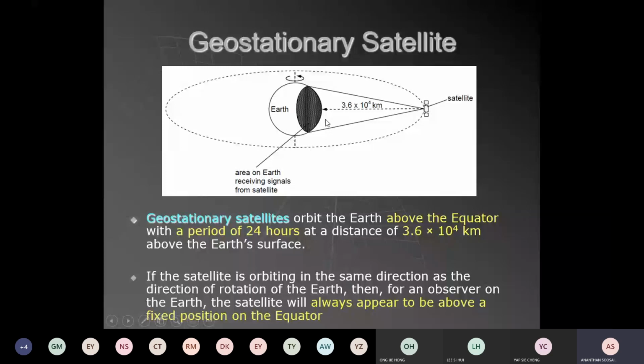So to connect the world, you need 3 satellites. You put one here, another one here, and another one here, with an angle of separation of 120 degrees each.